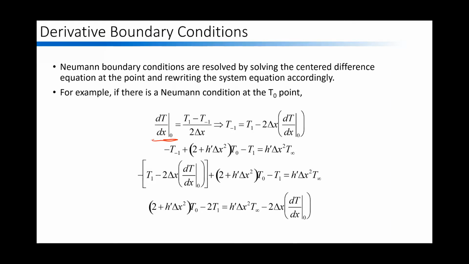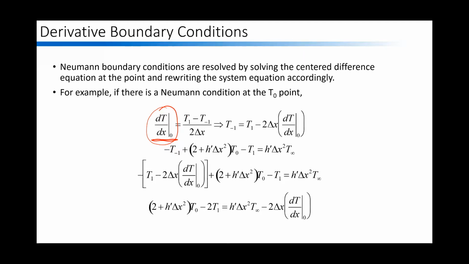Let's say we know dT/dx at 0. I can rewrite this as a finite difference, looking at the points to the right and the left over 2 delta x. That is my derivative, so this gives me another equation.